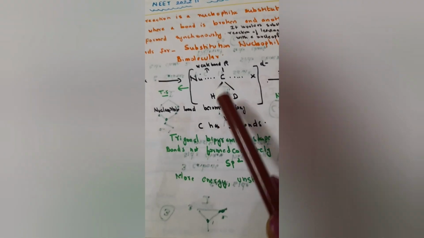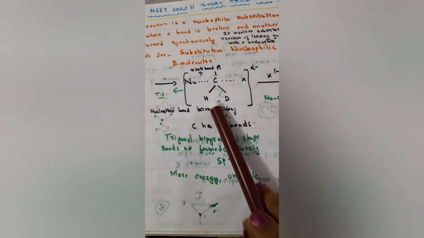Fine. Now see how many bonds are there around carbon atom. We can see carbon has 5 bonds. So the nucleophilic bond becomes strong here. So this is trigonal bipyramidal shape, and the bond is not formed completely. So it is sp2 hybridized and it's unstable.